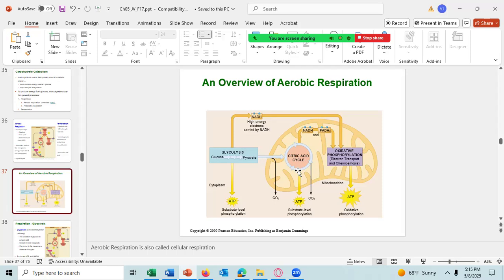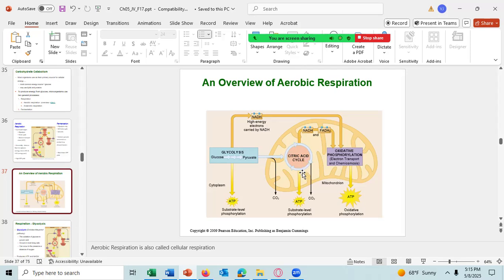And the Krebs cycle is also called the citric acid cycle or the TCA cycle, or one other name too, which escapes me at the moment. It's named the Krebs cycle because Dr. Krebs discovered it. It's called the citric acid cycle because citric acid is one of the first molecules in the Krebs cycle.